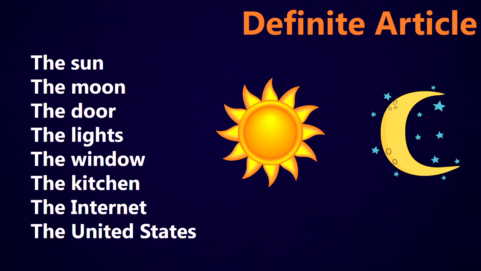And the United States. So with the names of countries, the formal names, we normally use the, especially if it's talking about the system of government. So I could say the United States of America, or I could say the Republic of Korea, or I could say the Republic of Mexico. So if you're including the type of government that it is, you would say the.